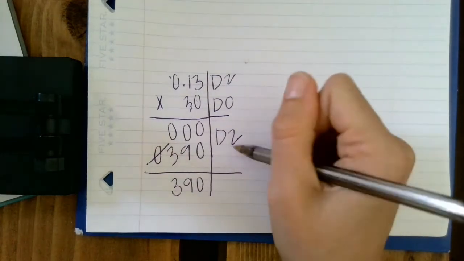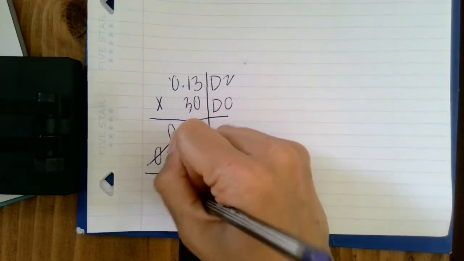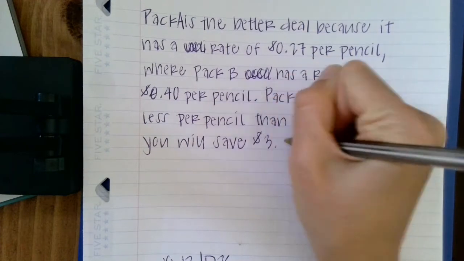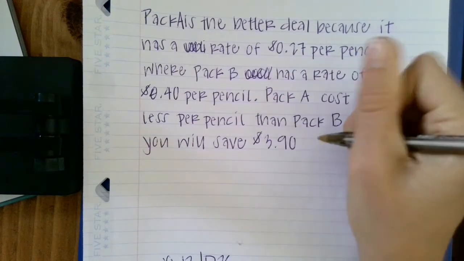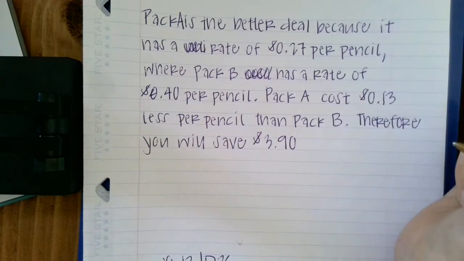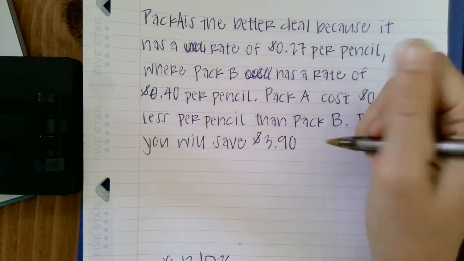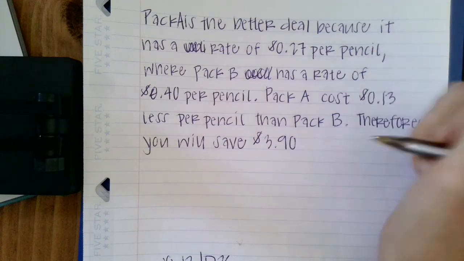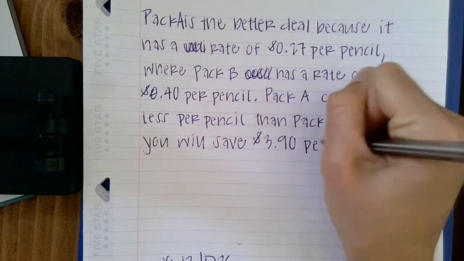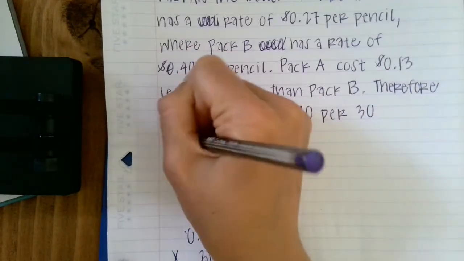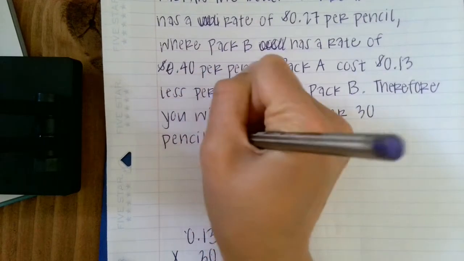And then I need 2 numbers behind the decimal. 1, 2. So that means I will save $3.90 per 30 pencils.